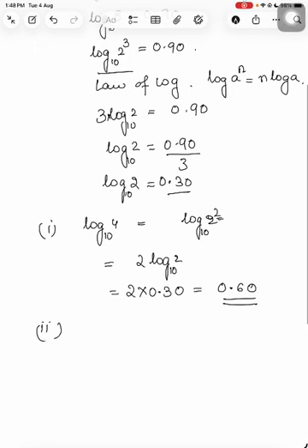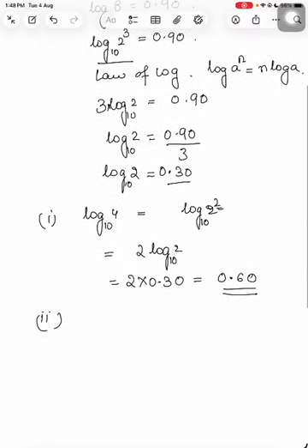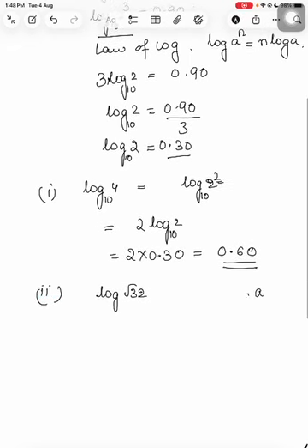Next we had to find log root 32. Any number having a root means the power is half. So this is log 32 raised to the power half. Fine.